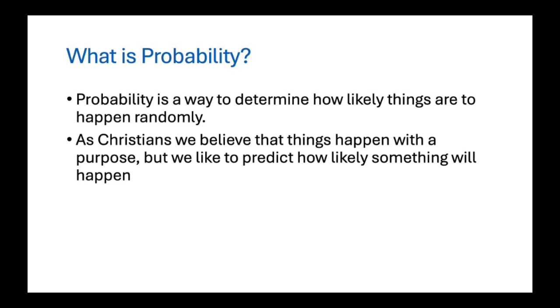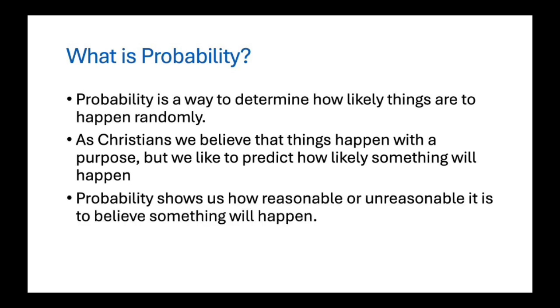But I want you to be clear that we as Christians believe that God does things with purpose and not just random because he just thinks, oh, I want to see what happens here. That's not how he works. But we as humans don't have God's character to be able to see what's going to happen. So we like to predict what's going to happen. And probability shows us how reasonable or unreasonable it is to believe something's going to happen.